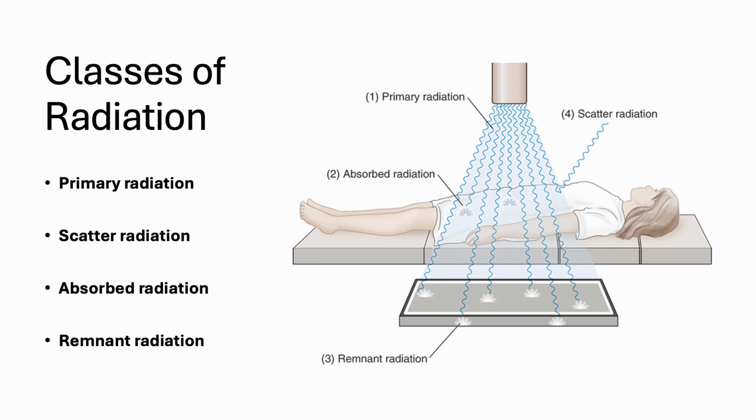Okay? So as you can see, we have four of them. We have the primary radiation. It goes through the patient, and then it comes out of the patient. It reaches what? The cassette. Now we have another kind of radiation that bounces off the patient because it wasn't strong enough to penetrate the patient. So this one has what we call a long wavelength, low energy. Because if it was high energy, it would penetrate through the patient.